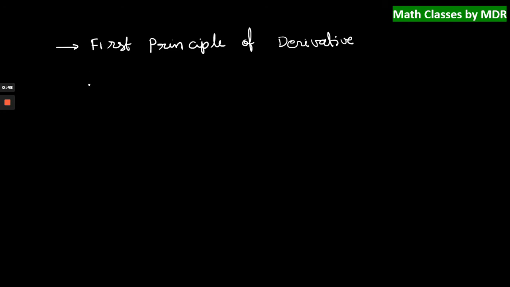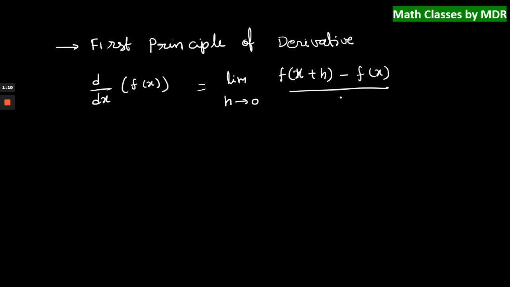If you have a function f of x, then the differentiation of f of x with respect to x is equal to limit h tends to 0, f of x plus h minus f of x by h. This we also denote by f prime x. F prime x means the differentiation of f of x with respect to x.